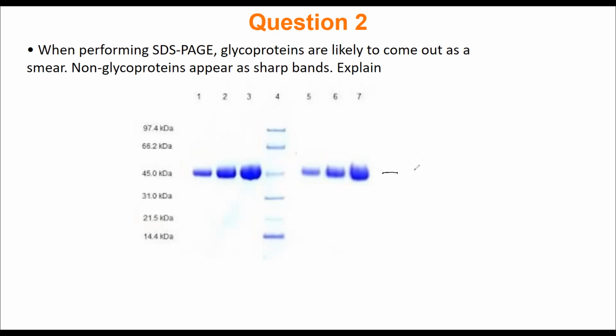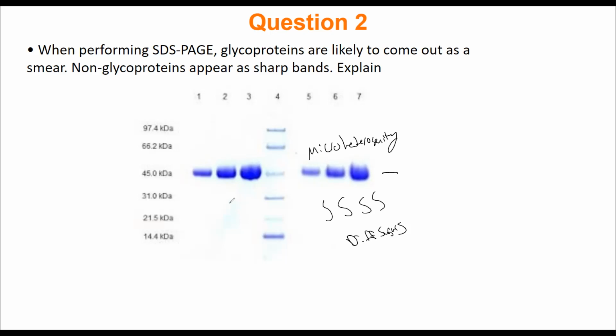If we think about this, I'm going to jump into the answer now. Remember, glycoproteins have what's called microheterogeneity, which means that you can have multiple copies of a protein with different sugars. And if they have different sugars, they have slightly different weights.